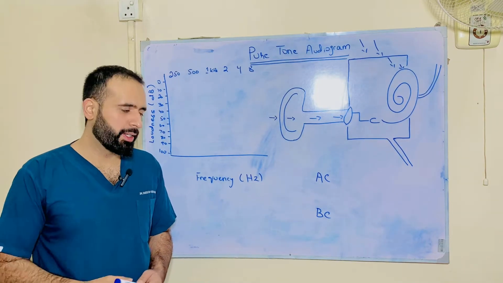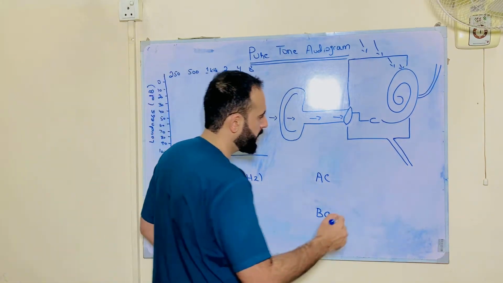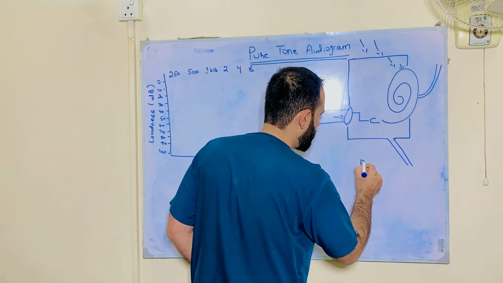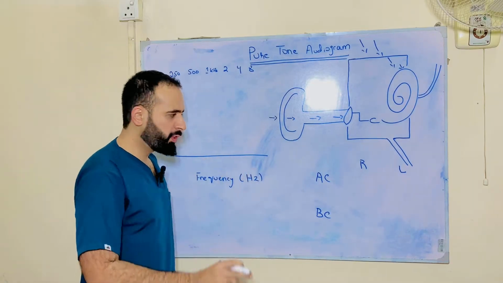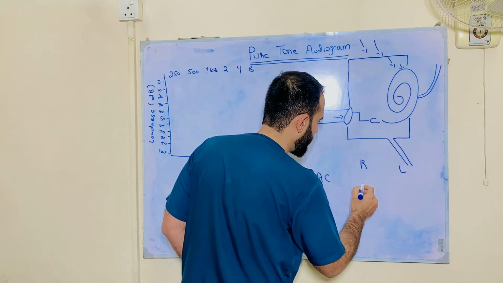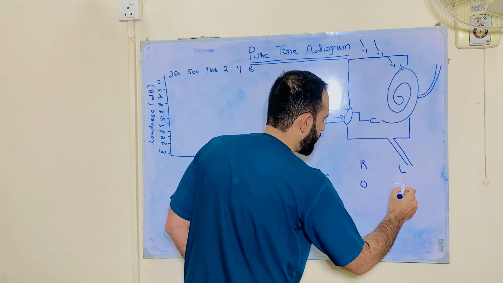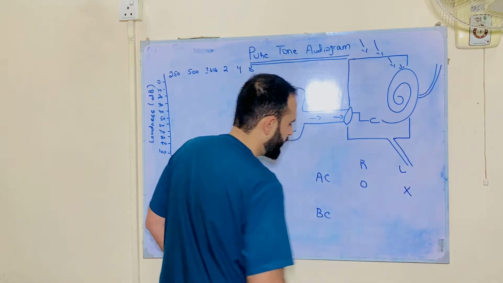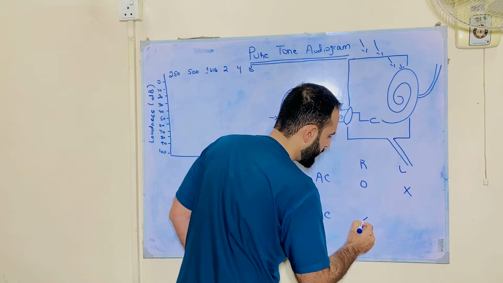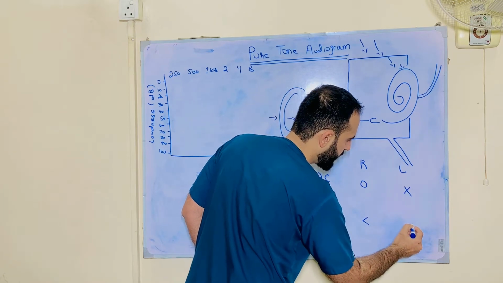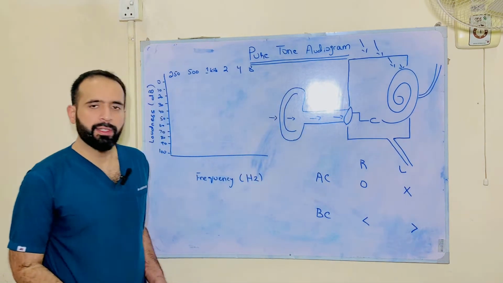And again, an audiogram is always in symbols. There are always symbols which are written. So the symbol for ear conduction in the right ear is a circle, and for the left ear is a cross. Similarly, the symbol for bone conduction in the right ear is this, and in the left ear is the inverse of this.